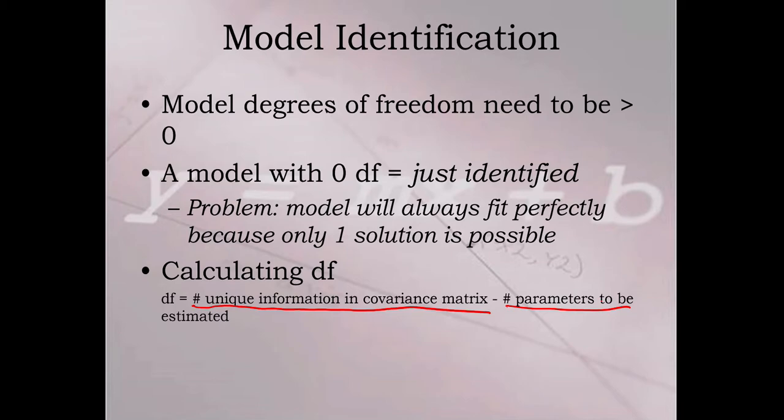And so the precise formula for calculating the pieces of unique information in the covariance matrix is P times P plus 1 divided by 2, where P is equal to the number of measured variables in your model.